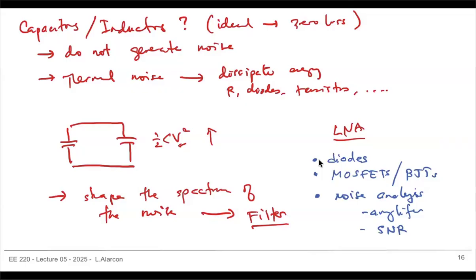So we'll see that noise actually limits us quite a bit, and we spend a lot of power trying to reduce noise, right? So that's one of the main components that eat up power, aside from functionality, right?